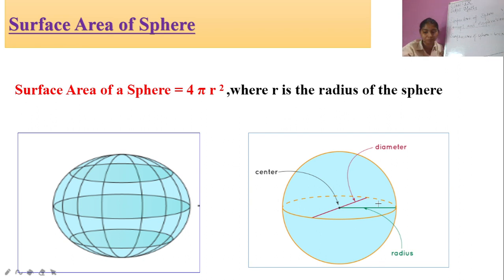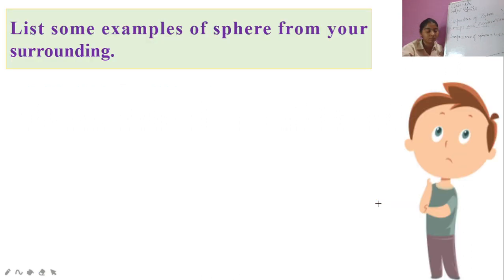Okay, let's start. So students, firstly tell me some examples of spheres from your surroundings. Where do you observe these types of examples related to the sphere? Like I've shared with you, one is the football, like I have in my hand. So this is an example of a sphere.